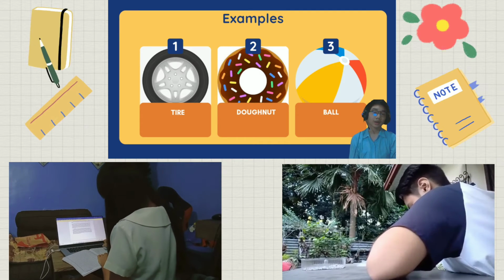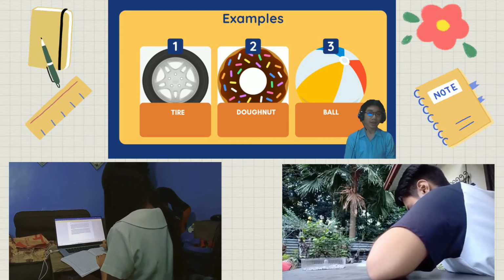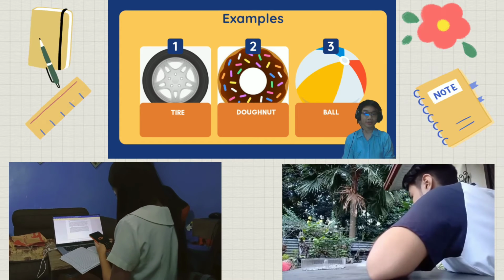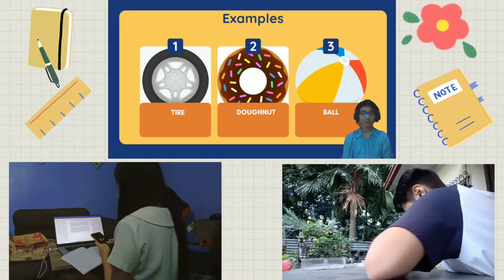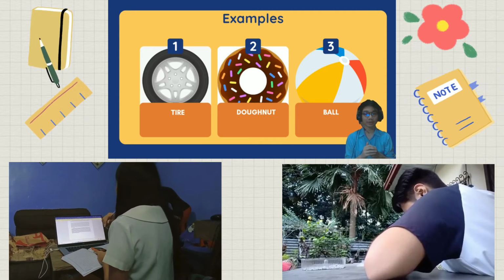So let's give an example of an equation of a circle. An example here is x squared plus y squared minus 25 equals 0. That is in general form. So let's try to convert that into standard form. It's very simple.